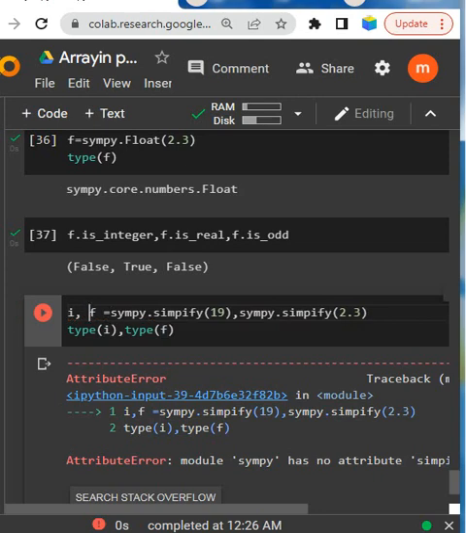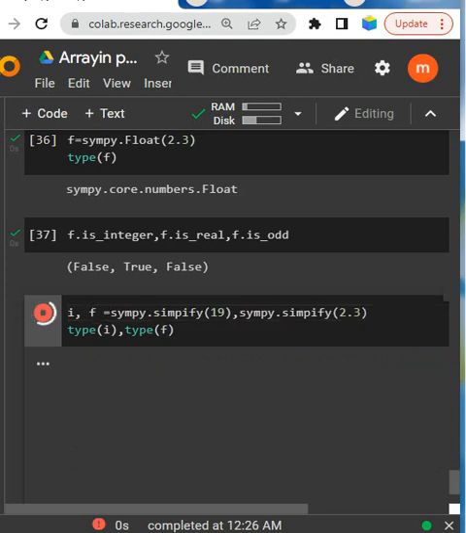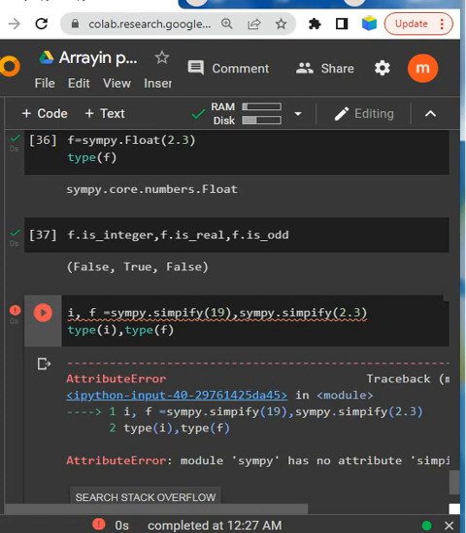So let's see. I hope it is possible to get i and f. Is it clear? Now I have written here the equal sign, sympy.is... okay, not simplify, sympify.